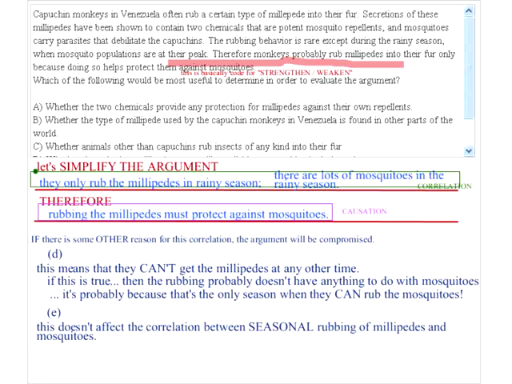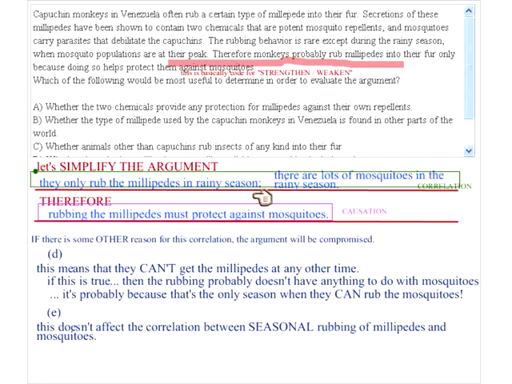The argument is just about this correlation between rubbing these guys in the rainy season and there being lots of mosquitoes in the rainy season. Choice E doesn't really affect that argument in any meaningful way. It's irrelevant. It might affect other things, but you would have to add more stuff to make it relevant to this seasonal argument.